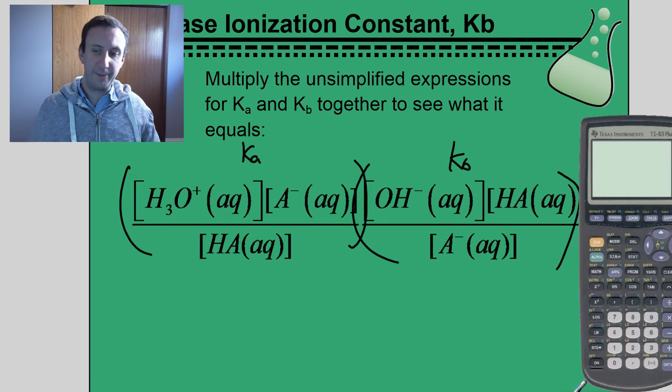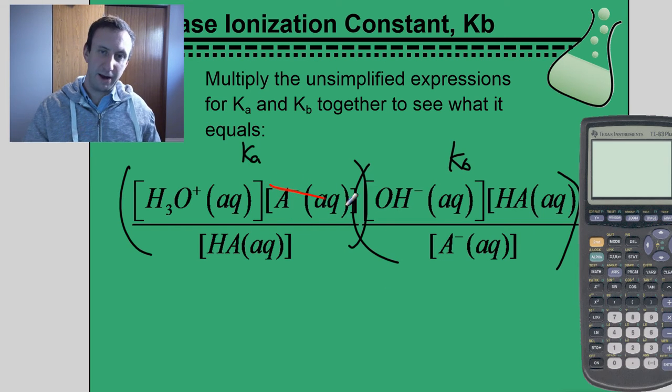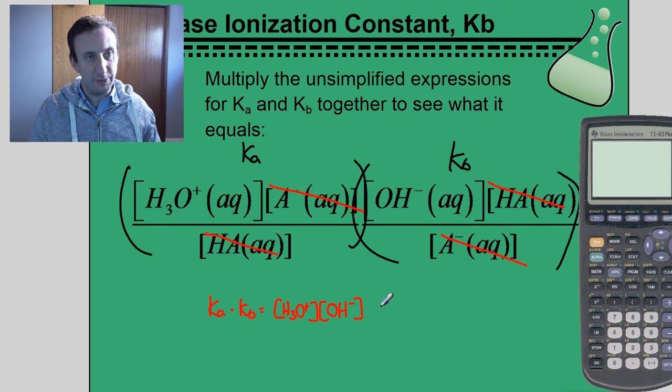Now take a look at what happens if I try to cancel out some stuff from this. A minus cancels out with A minus, and HA here cancels out with HA here. So what that means is that I have Ka times Kb is equal to hydronium multiplied by hydroxide. Well, where have you seen hydronium and hydroxide before?